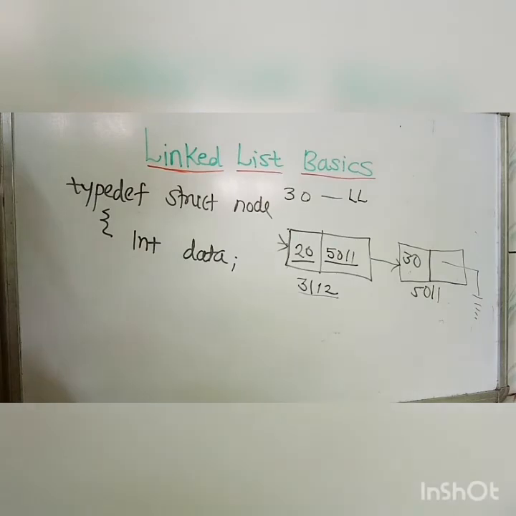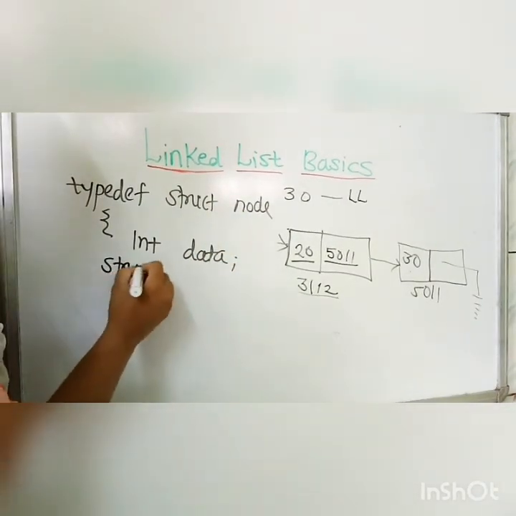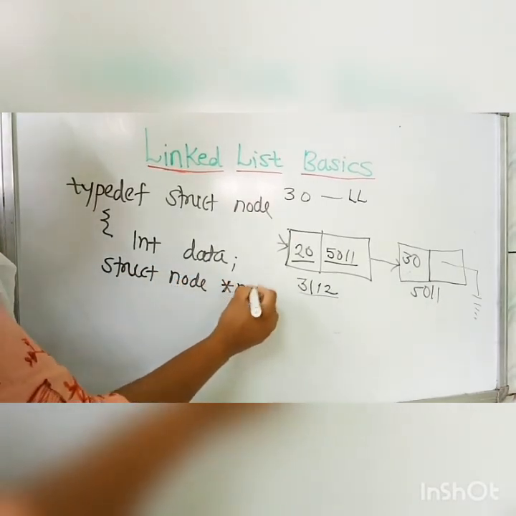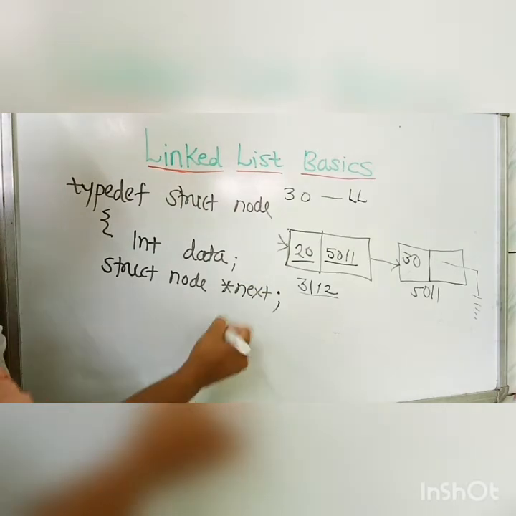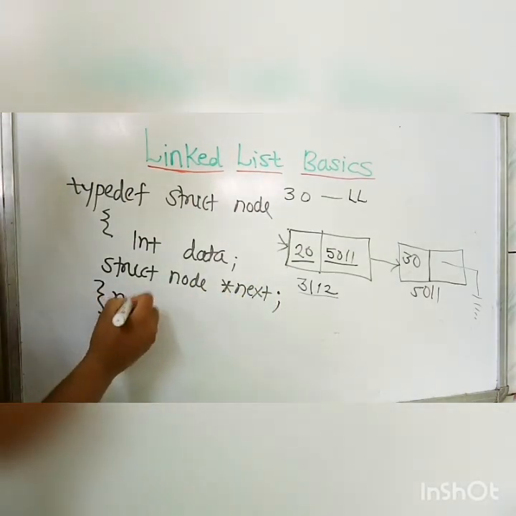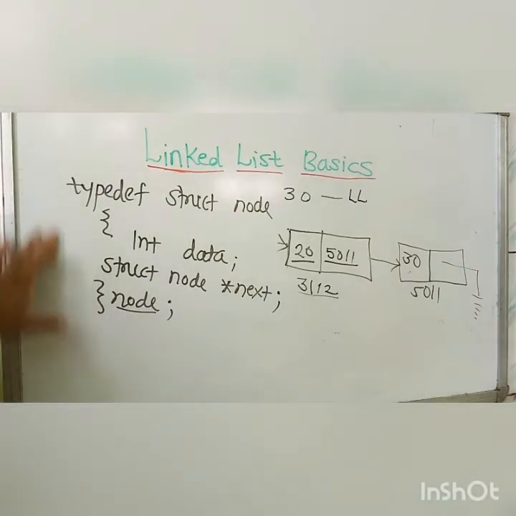So we create one pointer of this type: struct node star next. Star is the pointer mechanism and we are giving it the name next. Here we complete the node and give the variable of that node. So the different data elements can be represented using this single structure node.